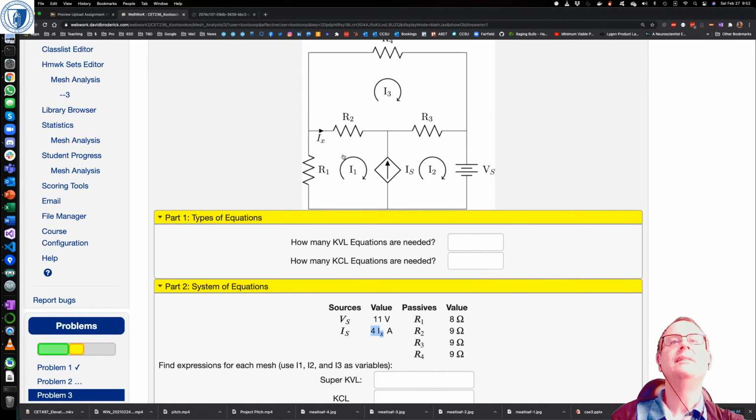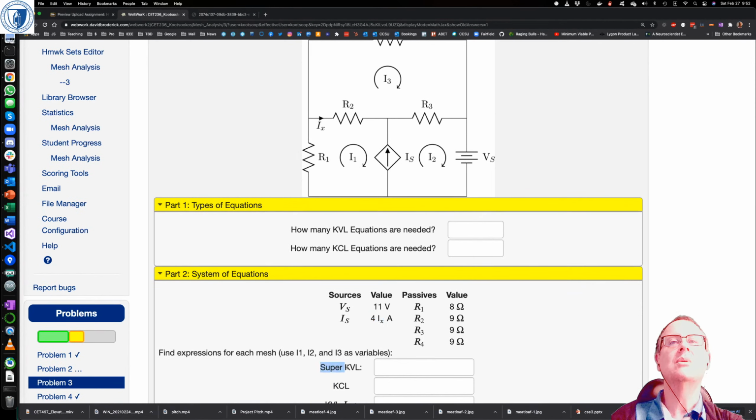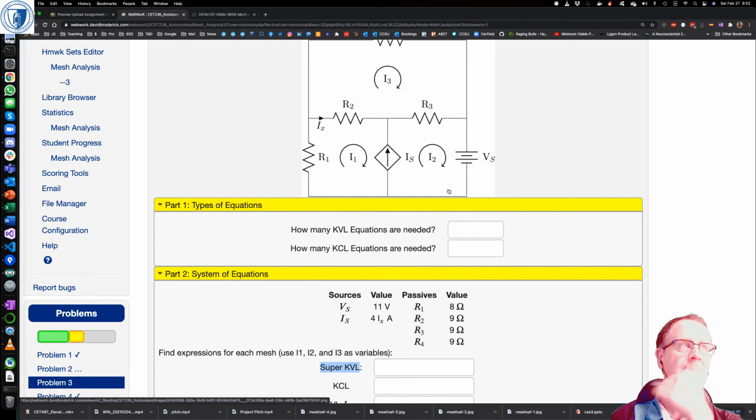And then the super KVL equation has to go around this loop in order to avoid passing through the dependent source. Remember, the whole reason we don't want to have a KVL equation for current sources is because we've got no idea what the voltage drop across a current source is.